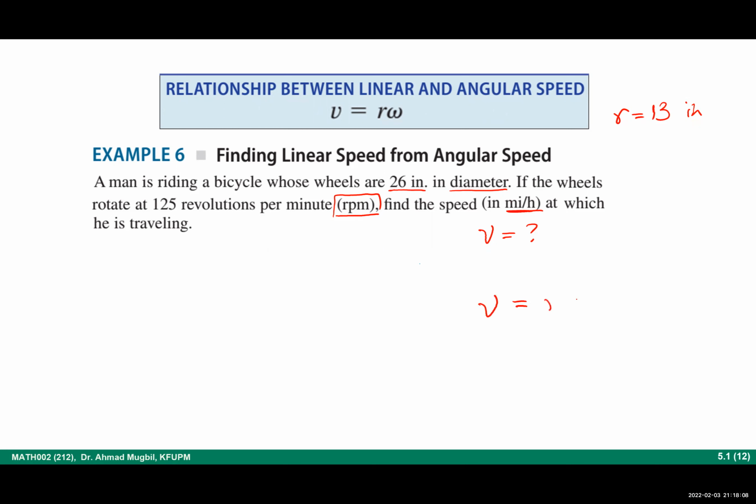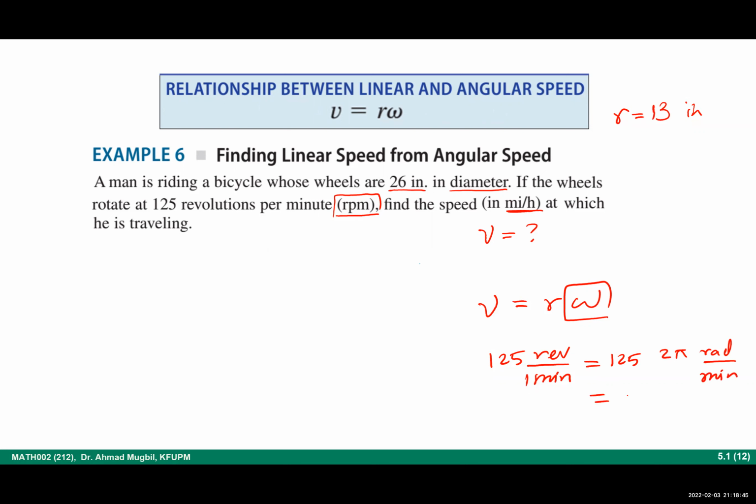So the question is, what is the linear speed? We know that the linear speed is r multiplied by omega, the radius multiplied by the angular speed. So what is the angular speed? We can get it from the number of revolutions. We have 125 revolutions per minute. Now convert the revolutions: 125 times 2 pi radian per minute.